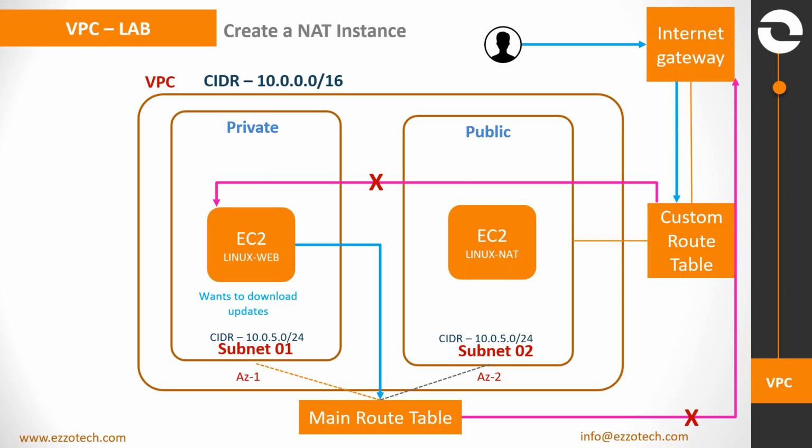So if I want to prevent the users from communicating to my server, and I want to allow my server to communicate to the internet, for the main purpose of downloading the packages for updates, then I need to use NAT, which is called Network Address Translator. So let me show you how it works.